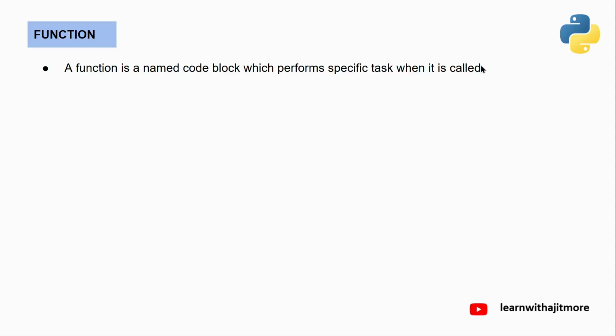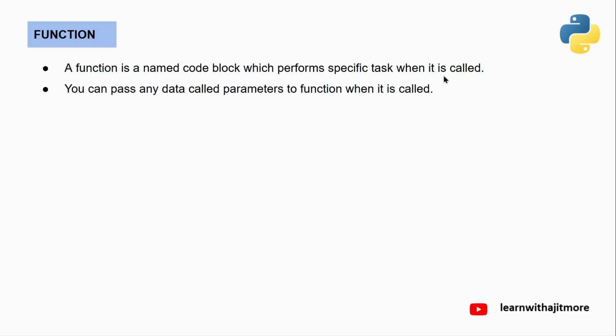Whenever you're calling, you're requesting the Python interpreter that please run the code. Correct? So call means execution के लिए request. So whenever you're calling means the procedure is going to get executed. Okay. So it is a named code block. It is performing some specific task, but it will perform the task only whenever you call it. ठीक है?